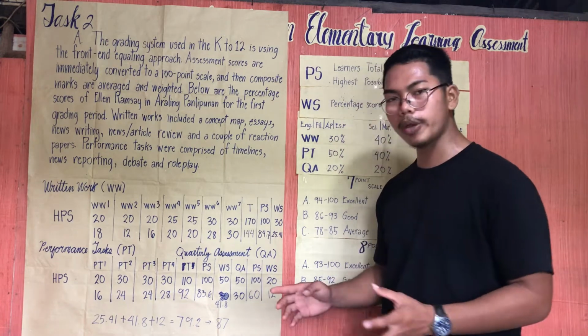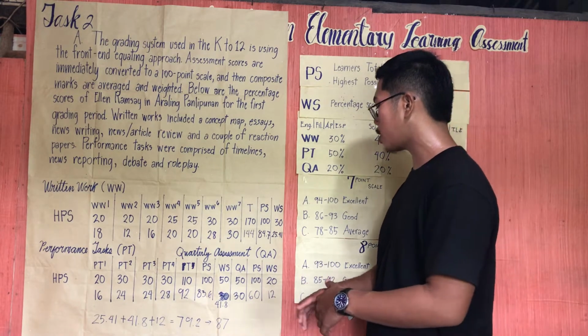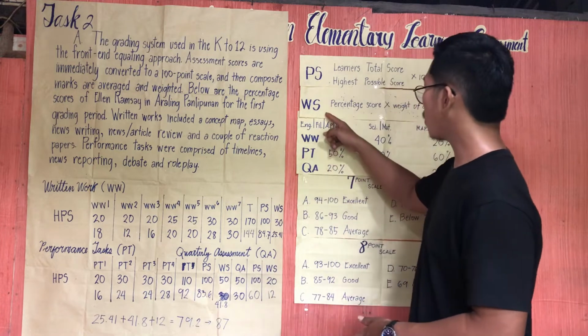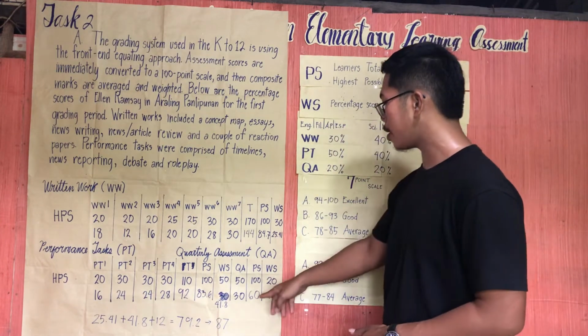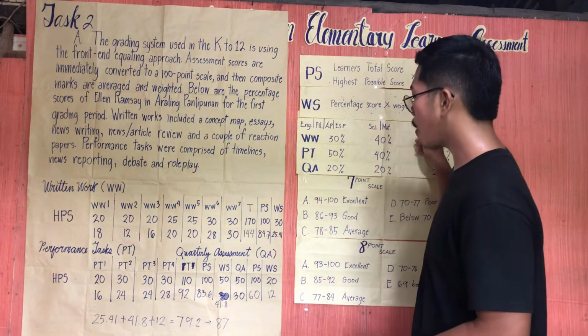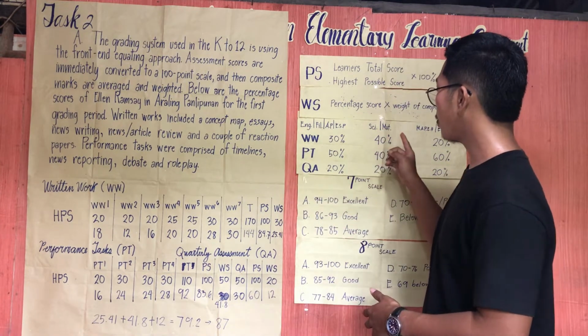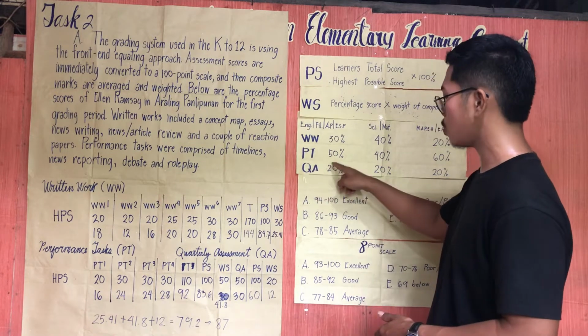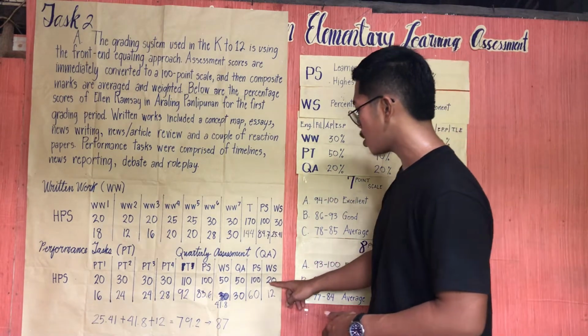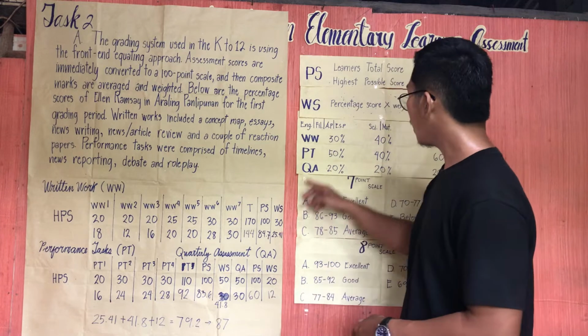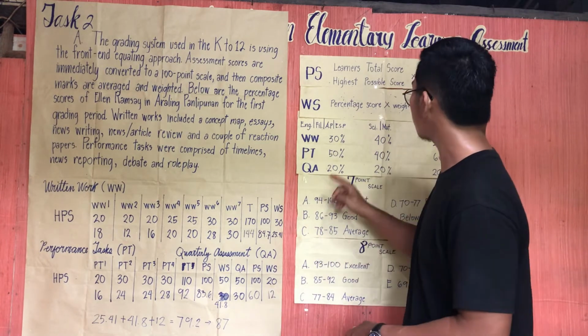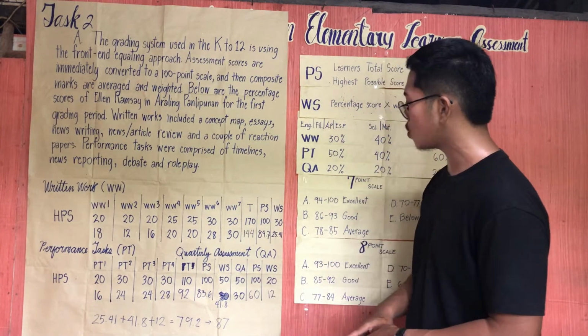Since we have the percentage score, we can now find the weighted score. Weighted score is equal to percentage score 60 times the weight of component, which for Araling Panlipunan quarterly assessment is 20%. That is why we have 20% here. Percentage score 60 times weight of component 20% is equal to 12.